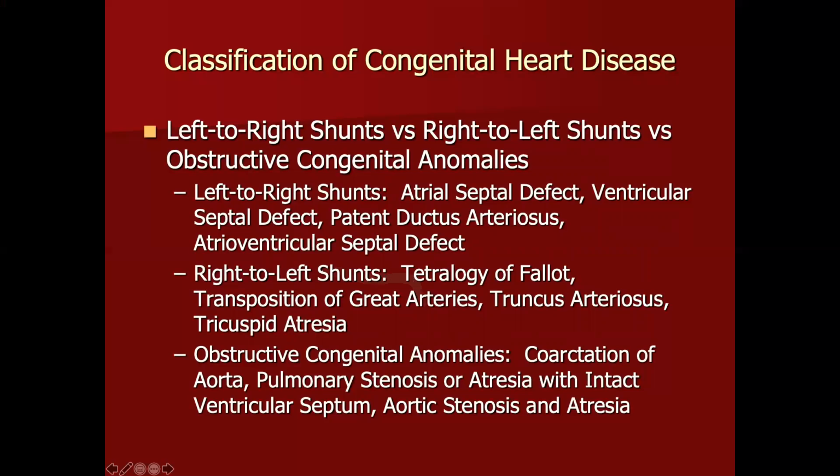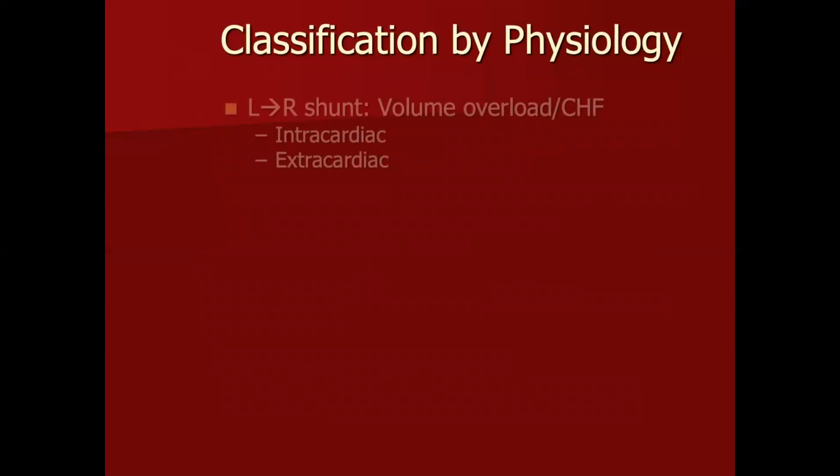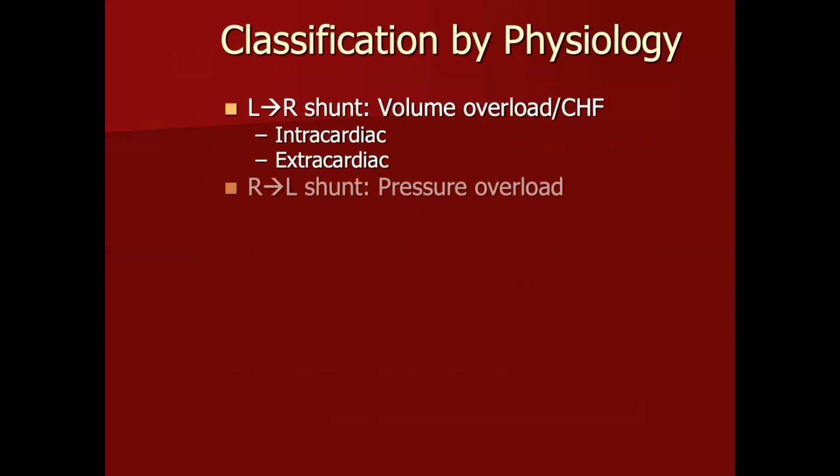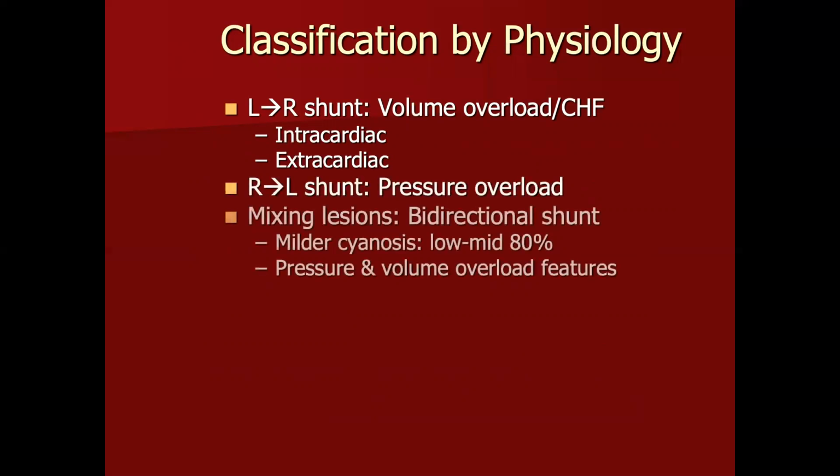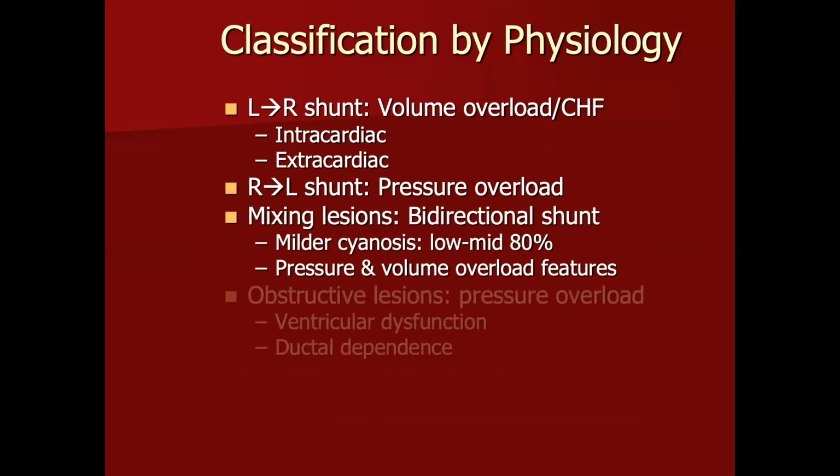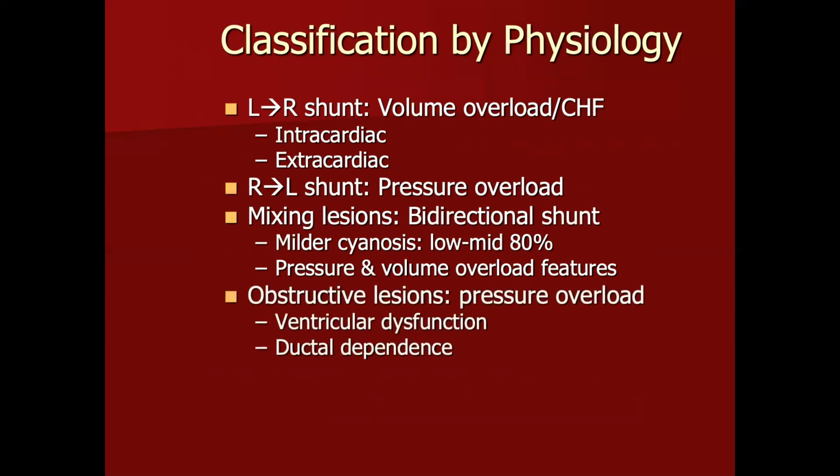It's important to note that for right to left shunts, those that are frequently cyanotic may start with the letter T: tetralogy, transposition, truncus, and tricuspid atresia. Classifying by physiology, you can have left to right shunts, resulting in volume overload and CHF.